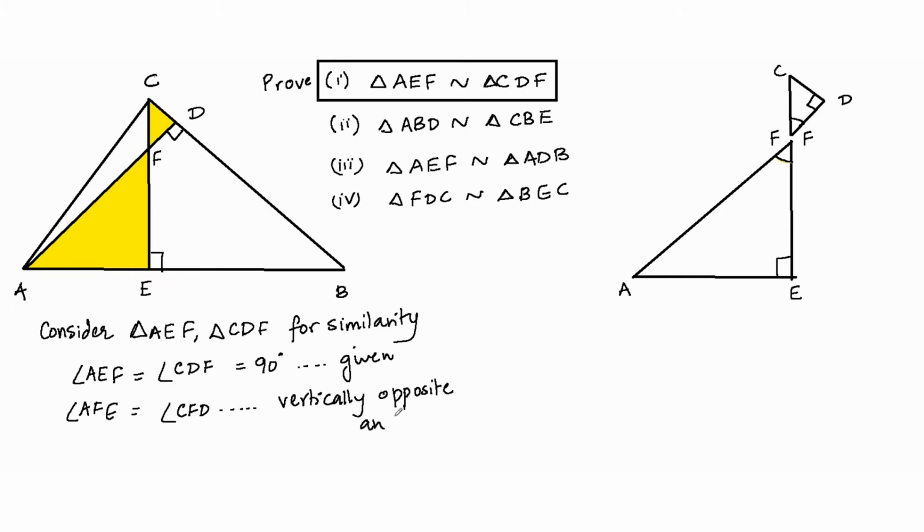And therefore I can say that triangle AEF is similar to triangle CDF because of the AA test, right? So again, F corresponds to F, so F is the third letter here and here. E is 90, D is 90, so E corresponds to D. Both are equal to 90, and A is going to correspond to C. So by AA test, these two triangles are similar.